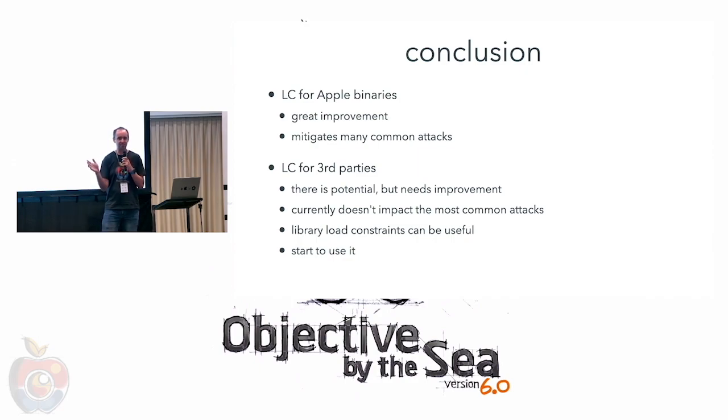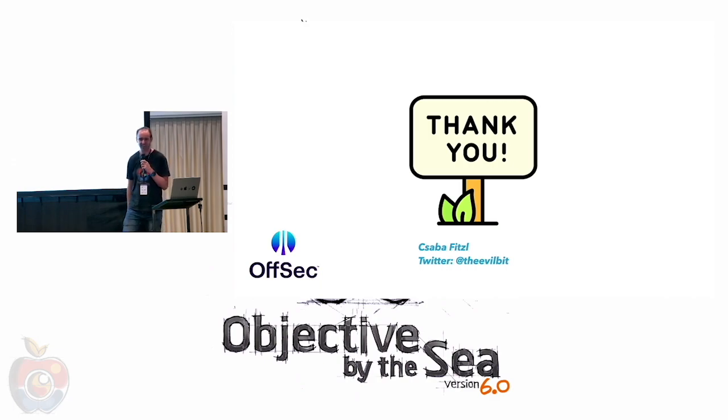It does mitigate some attacks, so I'm not saying it's totally junk, but it doesn't solve the issues we see most of the time nowadays. Library load constraints can be really useful if you can list all the team IDs. I suggest you start playing with that and start using it. Again, it's really easy. Yeah, that's it.